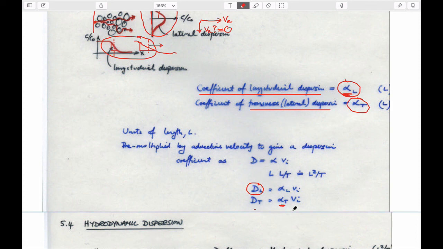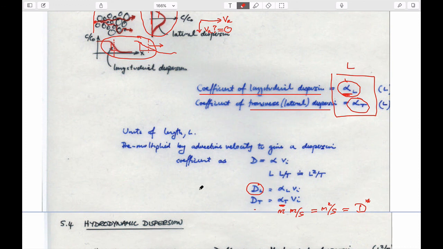And so the consequence of this is, if the units of these terms are indeed units of length, meters, then if you take meters and multiply by meters per second, you end up with units of meters squared per second, which is the same as the units present in the diffusion coefficient and the porous medium diffusion coefficient.